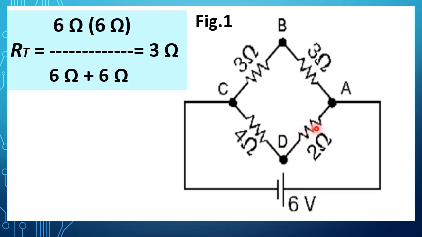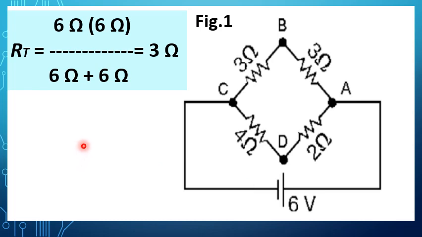And if you're getting the combination of the two 6 ohm resistances connected in parallel, we simply multiply their product, 6 ohms and 6 ohms, to be divided by their sum, which is of course 6 ohms plus 6 ohms. So 36 ohms squared divided by 12 ohms will give us 3 ohms as the total resistance of this circuit.